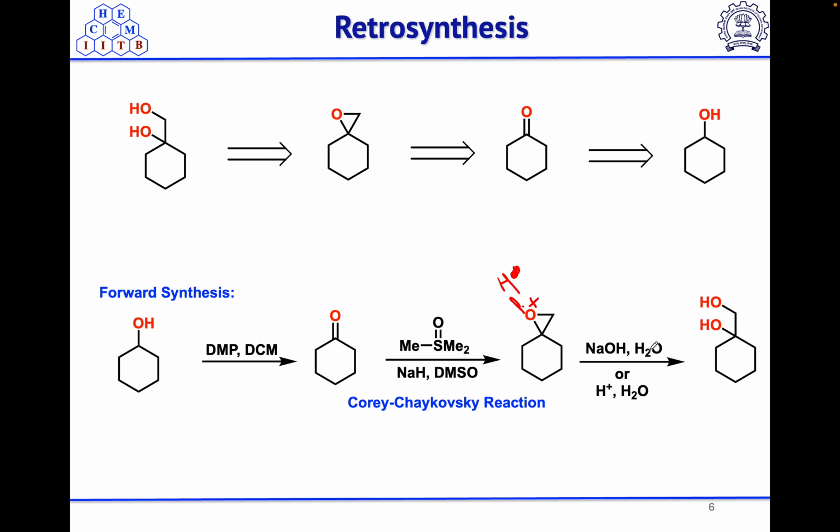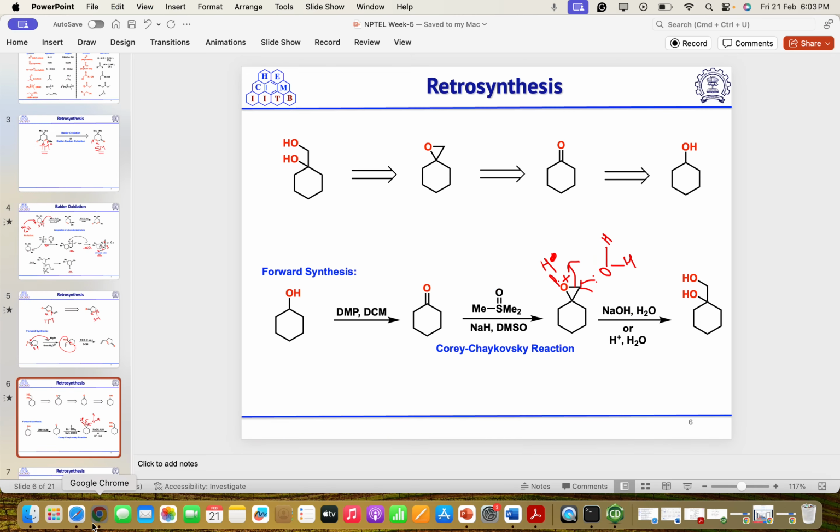Now water will attack this carbon, and then ring opening. You'll get this OH2, and then elimination of one H plus gives this 1,2-diol. So this is the mechanism. You can see how we can get a diol from an epoxide, and how we can get the epoxide from Corey-Chaykovsky conditions from a ketone, right? Very interesting example.